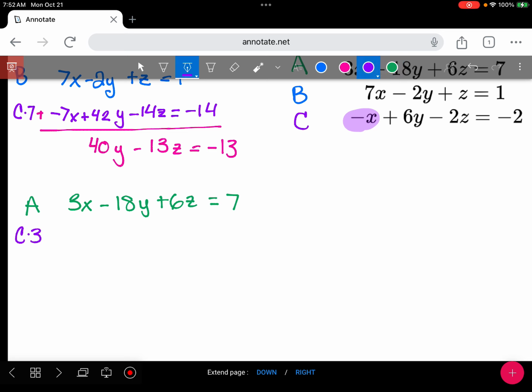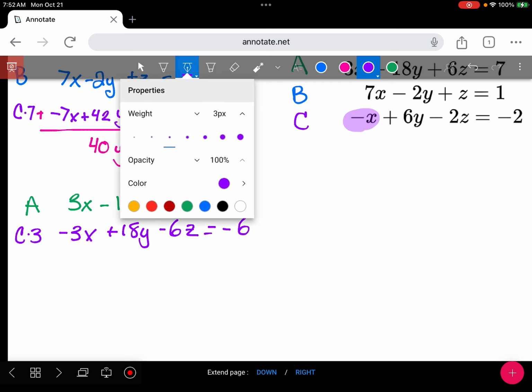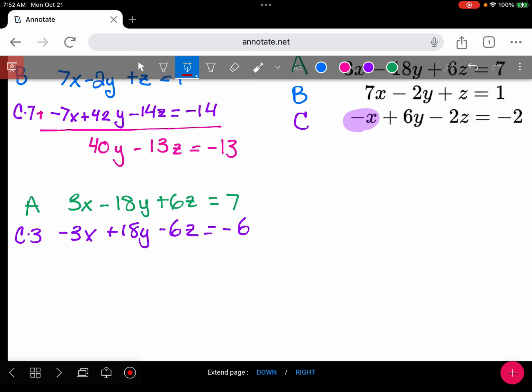C times 3. So we're going to have our minus 3x plus 18y minus 6z equals minus 6. So, what's up?